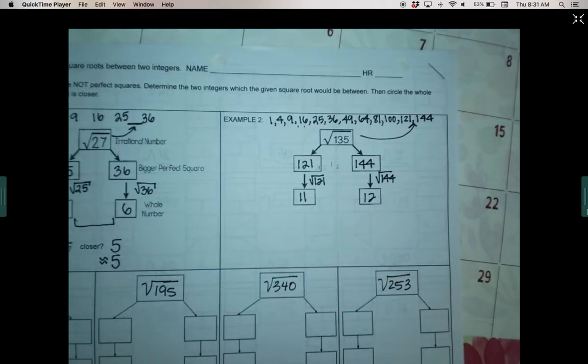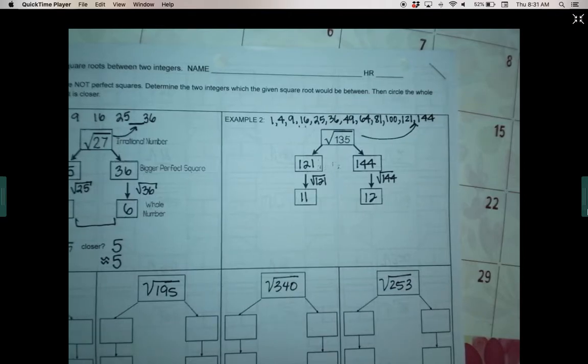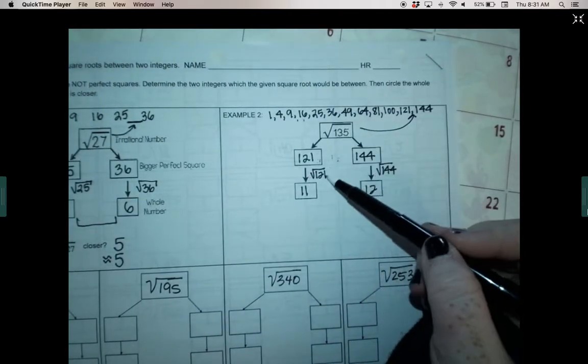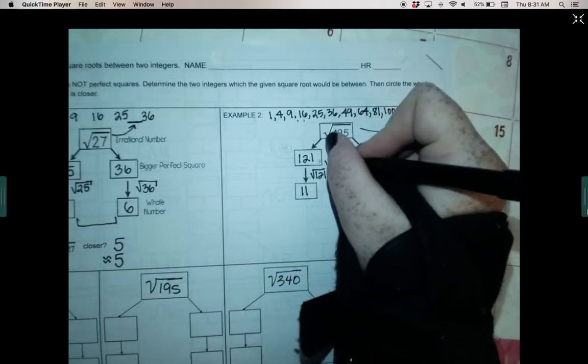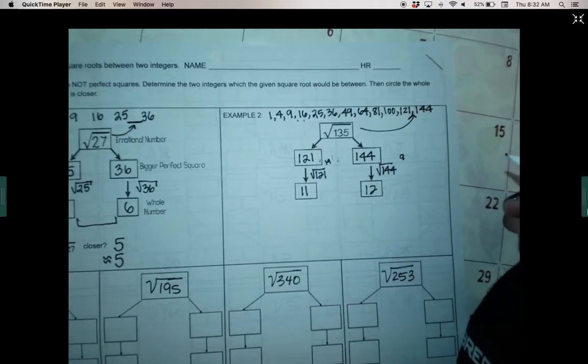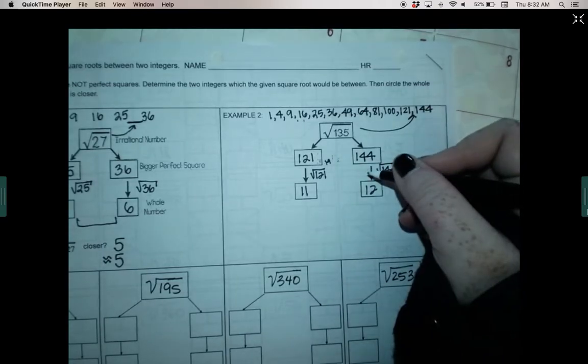Okay, so now we need to figure out which it is going to be closer to. Is the root of 135 closer to the root of 121, or is it closer to the root of 144? 144, I heard someone whisper it quietly. Okay, if I wasn't sure, I'd say, okay, 121 is 14 away from 135. 144 is 9 away from 135, so I know that 144 is closer.